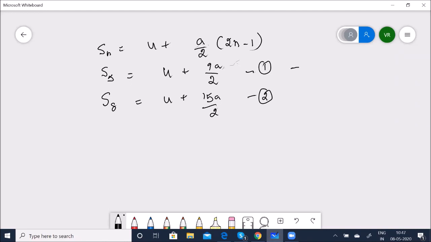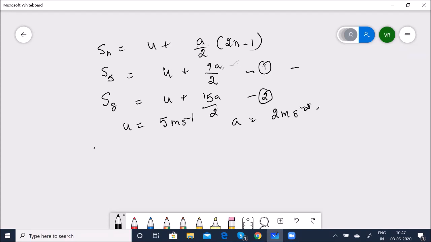Okay, on solving these two equations, you can find out that U is equal to 5 meters per second and A is equal to 2 meters per second square.